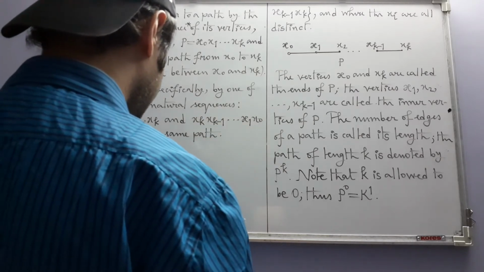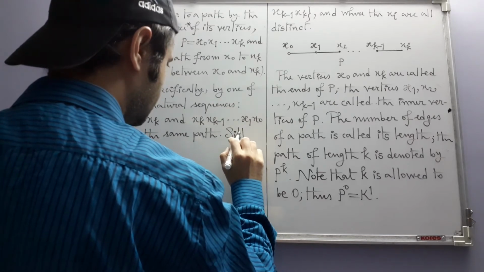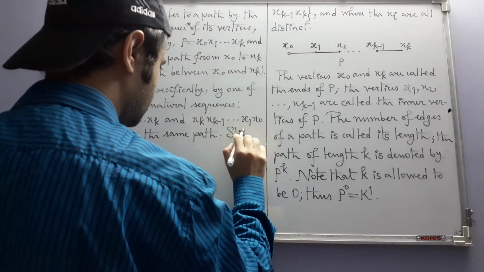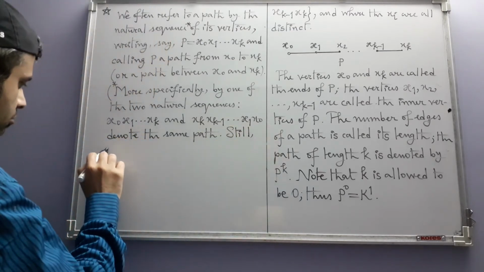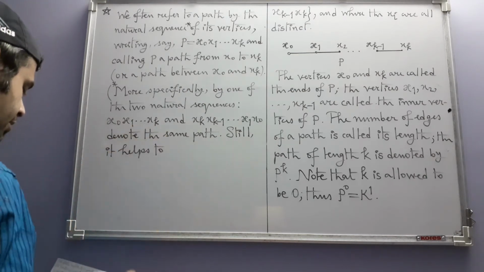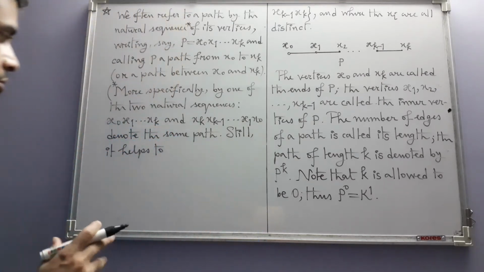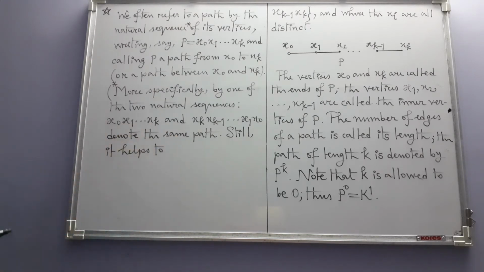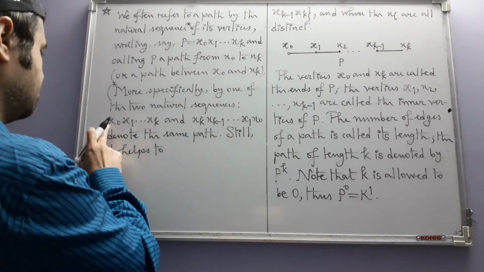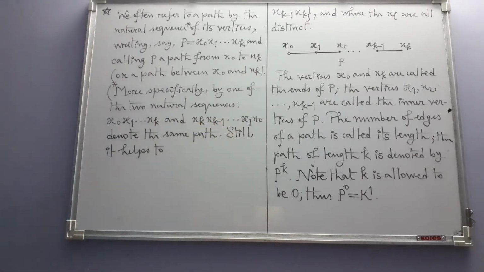And one more thing is this: it helps to first choose the sequence that we want to use in writing a path, because once we do that, then we can say that the path has a first vertex which satisfies some other property.